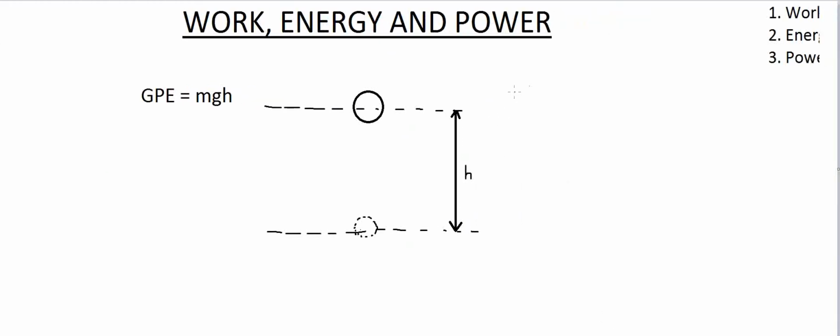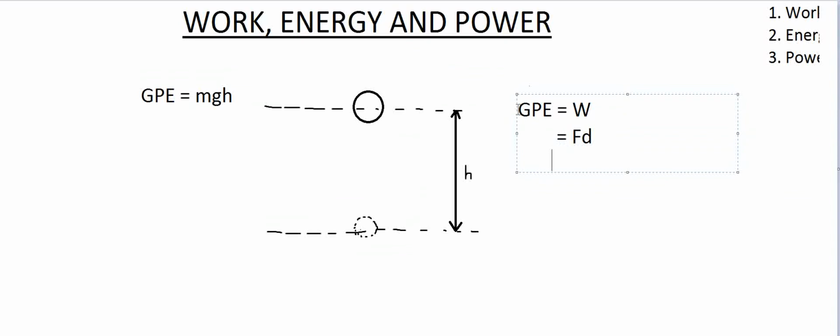First we know that the GPE lost by the ball is equal to the work done, which is equal to the force times the distance.